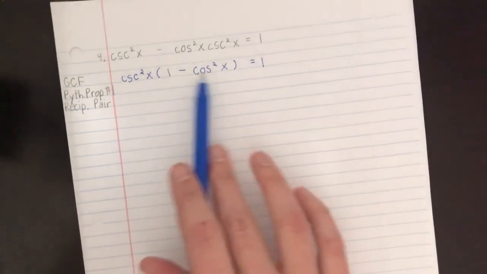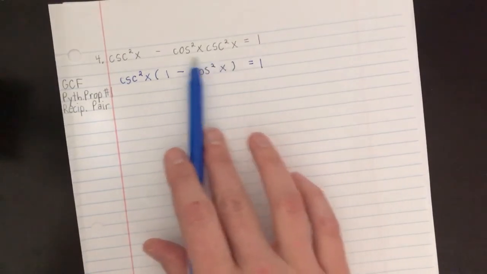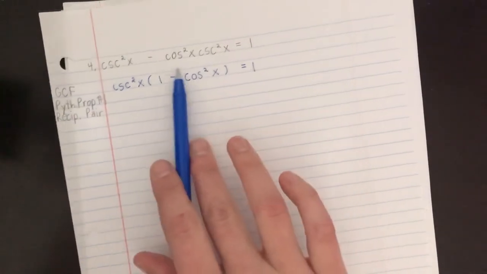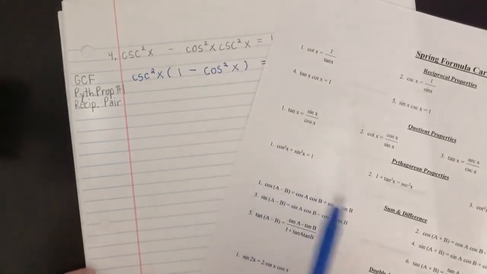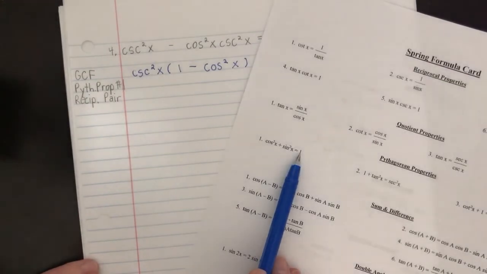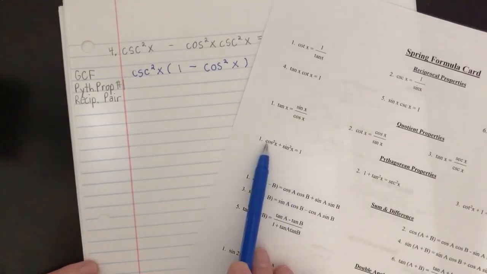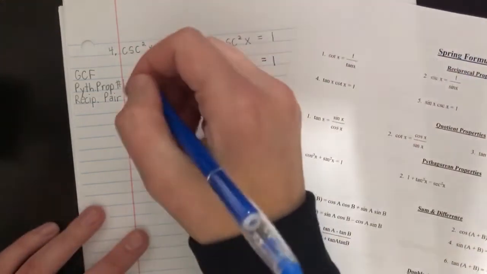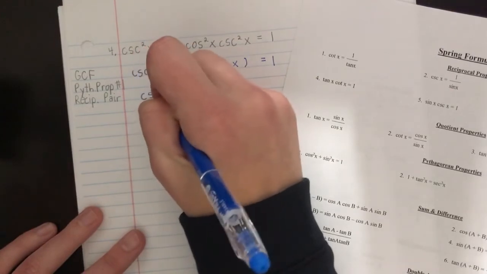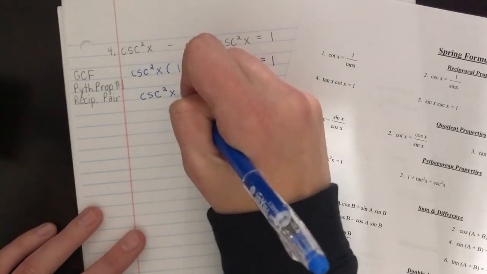Okay, and the reason that was useful is because then look what you're left with. This 1 minus cosine squared of x. Look at Pythagorean property number 1. Okay, so if you have manipulated this to be 1 minus cosine squared of x, that would equal sine squared of x. Why is that useful, you might think? Well, think about what cosecant is.